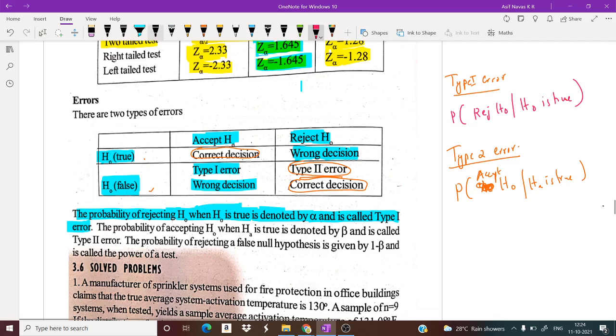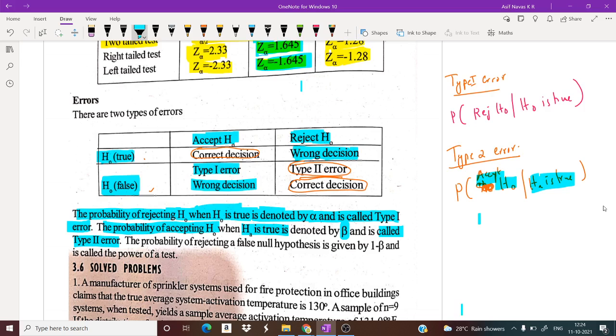And type 2 error is the probability of accepting H naught when HA is true. It is denoted by beta.